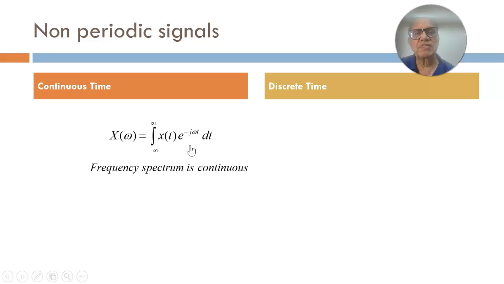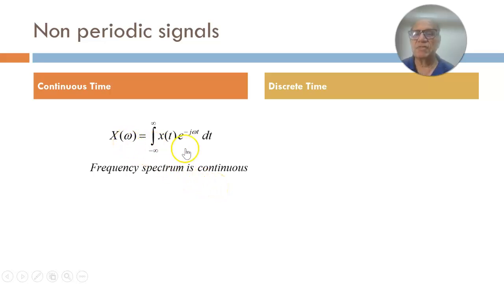Then this difference between successive frequency components reduces, it becomes 0.1 hertz. So as you go on increasing the time period, the difference between successive frequency components reduces, and as time period approaches infinity, the spectrum becomes continuous. So a non-periodic signal you may consider as a periodic signal whose time period approaches infinity. So the frequency spectrum becomes continuous.